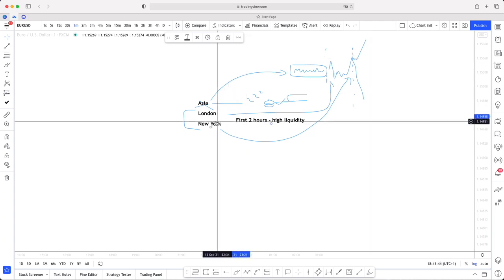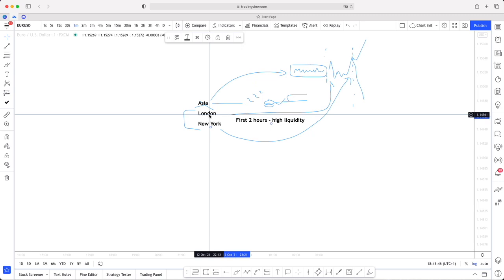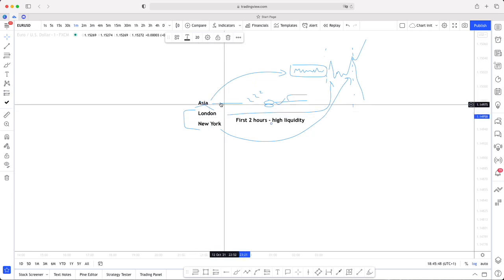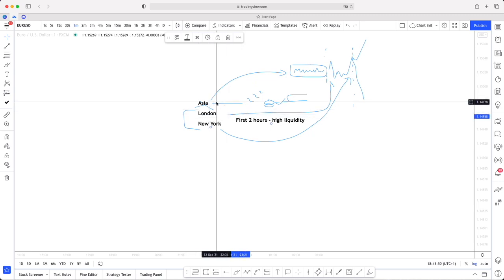But just before London, we do have the Frankfurt session, and you can trade that if you want to. But for me, that's more when I'm waking up, at about 7 o'clock. So what I would say is, if you are going to trade it, it's fine. You can pretty much trade any form of structure. The rules are rules.